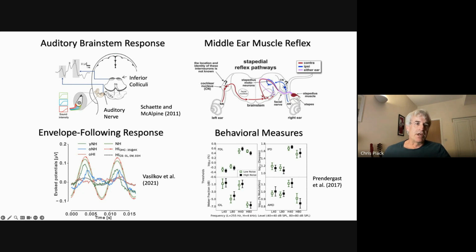Further up the auditory pathway, we have the envelope following response, which is a sustained potential produced by the activity of neurons in the brainstem. You often present a modulated stimulus, and this is taken from one of Sarah Verhulst's papers from her group, just showing the response.